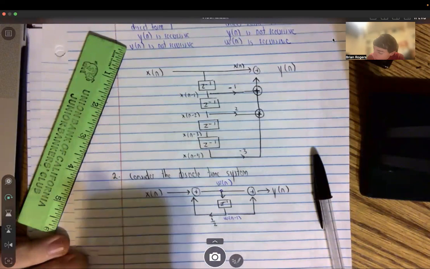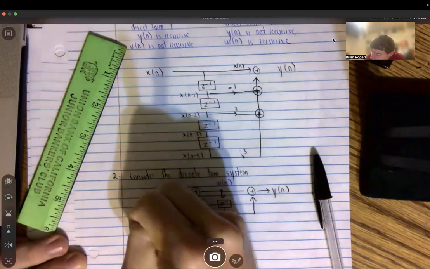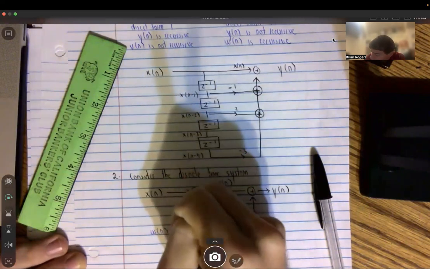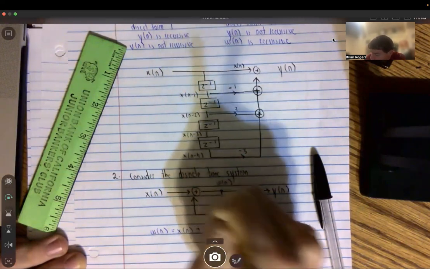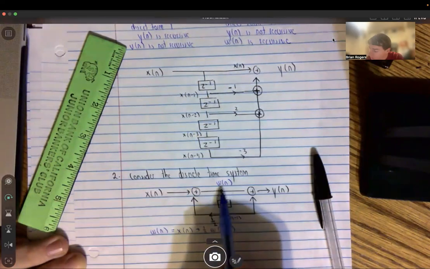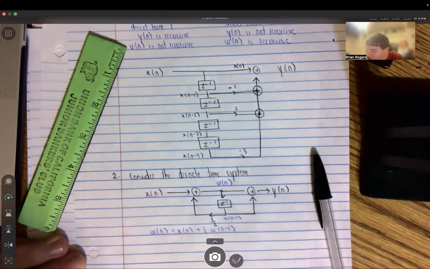So here I can define that omega n is equal to x of n plus 1/2 omega n minus 1. Okay, that makes sense because at this point it's x of n plus 1/2 omega n minus 1.